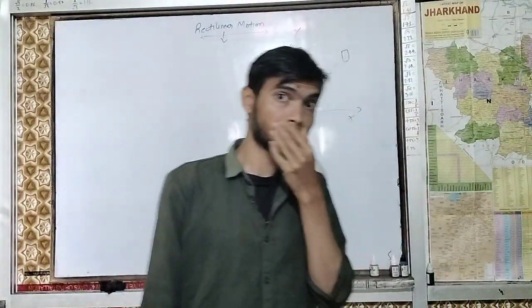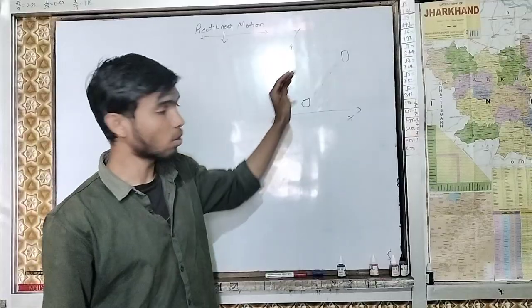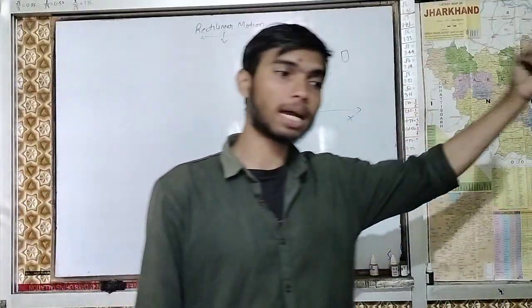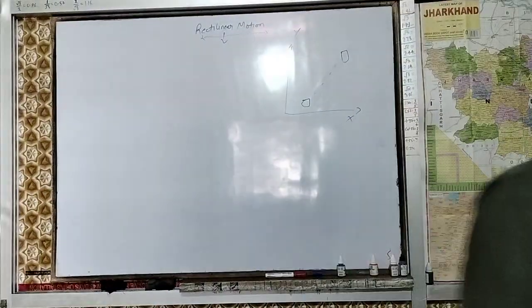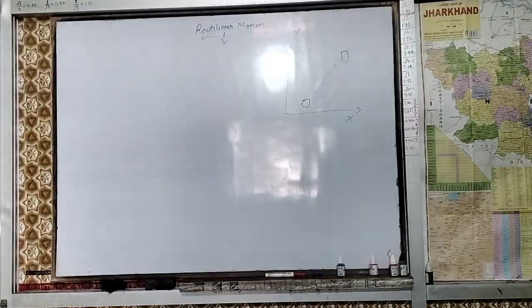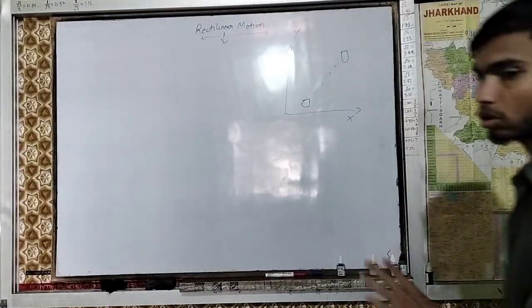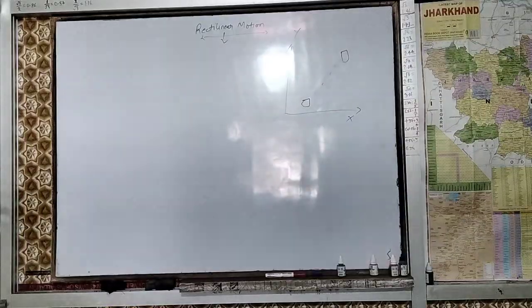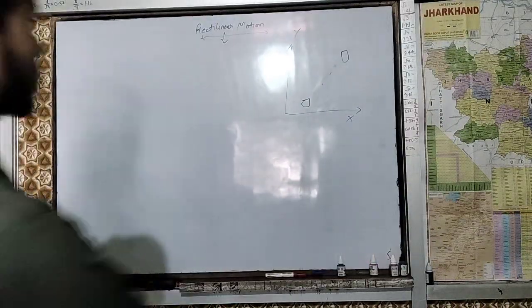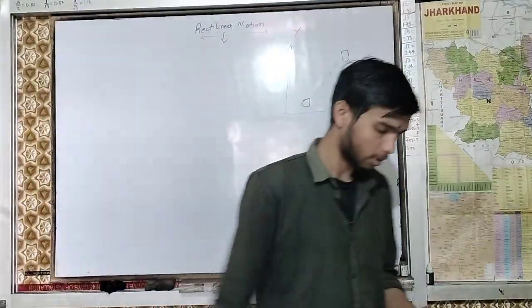Yes or no? Yes. It means it is going along the x-axis as well as the y-axis. So this type of motion is nothing but two dimension, where the object is governed in two directions, the x-axis and y-axis. Okay, enough.